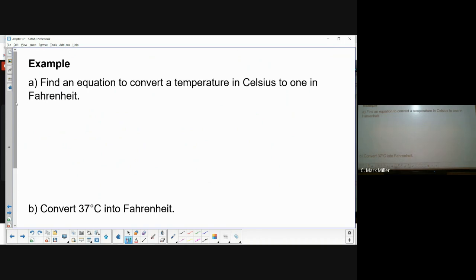Anyway, find an equation to convert temperature in Celsius to one in Fahrenheit. Now, first of all, convince yourself it's linear. Turns out it is.